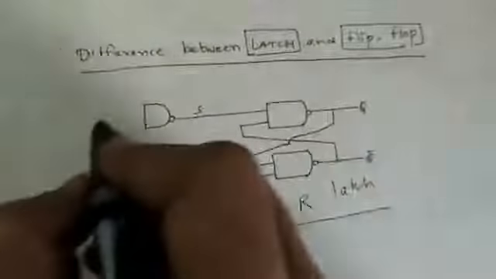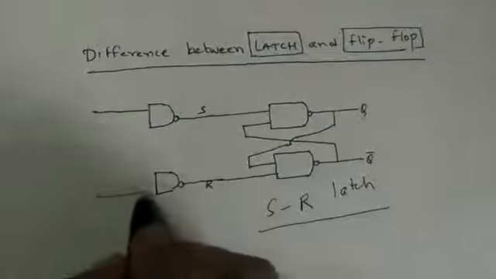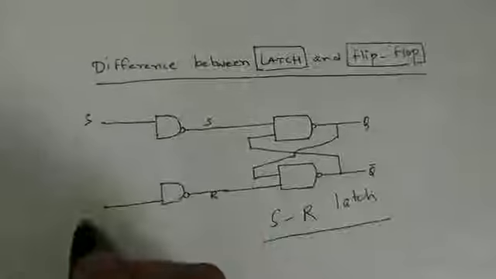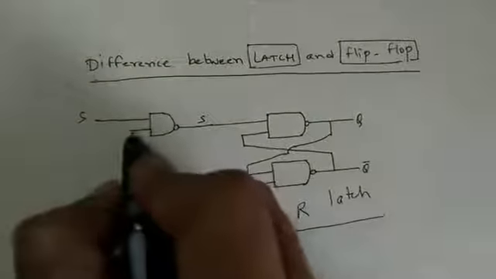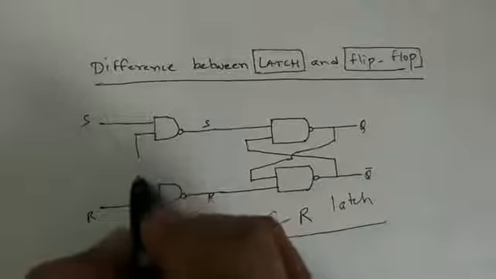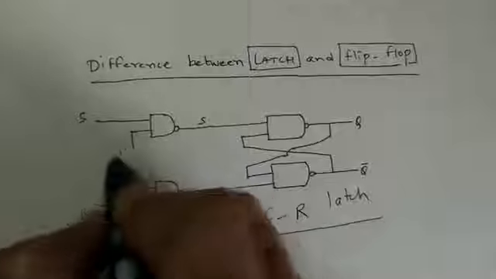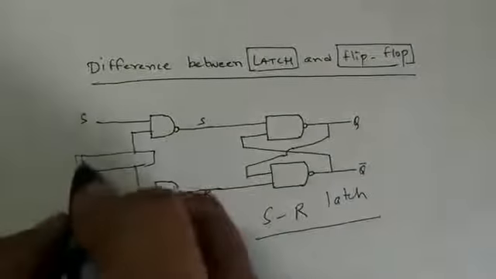Okay, this is S, this is R, and this is the control input. This is the control input, and this is the enable input.